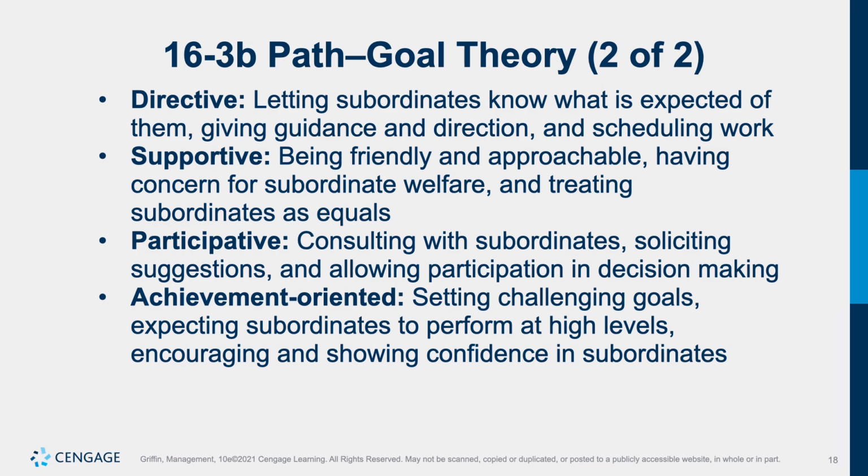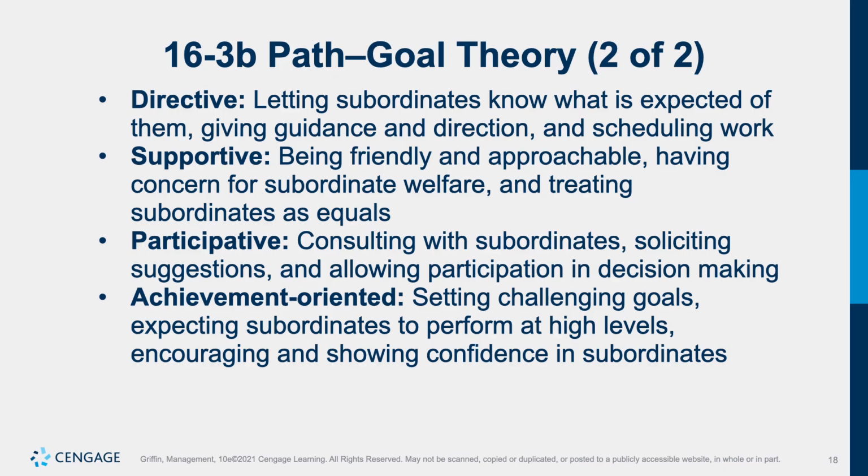Still on the path goal theory, we'll be discussing the leader behaviors that are identified by the path goal theory. Now, the directive leader behavior is about the leader letting their subordinates know what is expected of them, giving them guidance and direction, as well as scheduling their work.